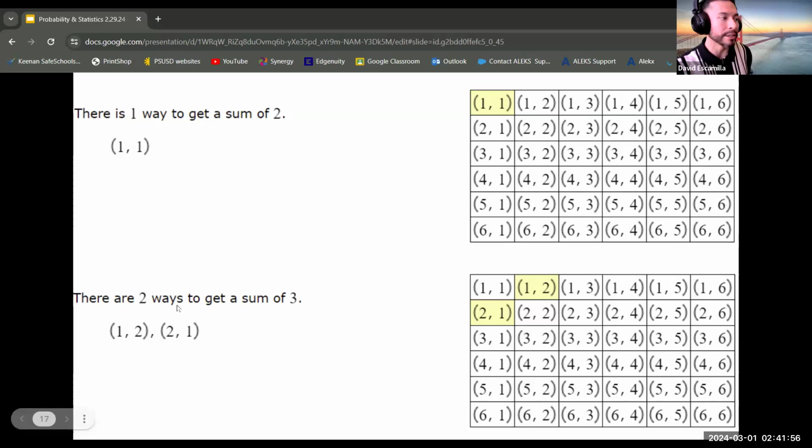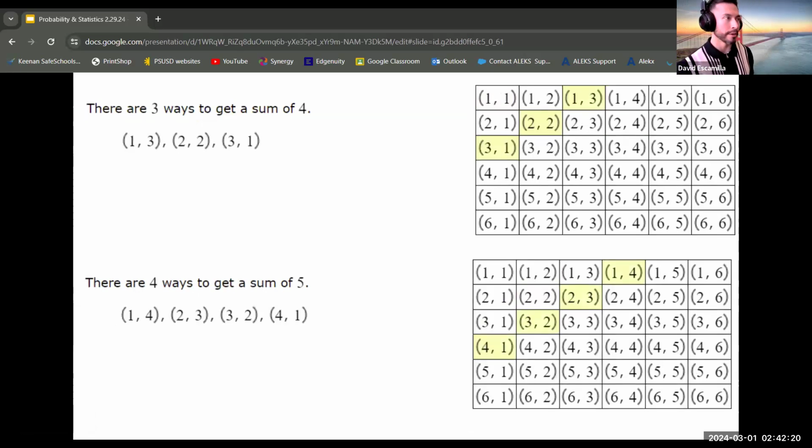There are 2 ways to get the sum of 3, because you have 1 plus 2 when you roll 1 first and 2 second, and you also have the sum of 3 when you roll 2 first and 1 second. Then you can look at all the other cells. There are no other 2 numbers that add up to 3.